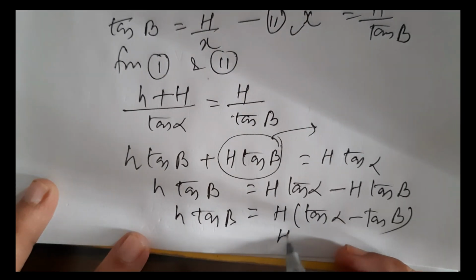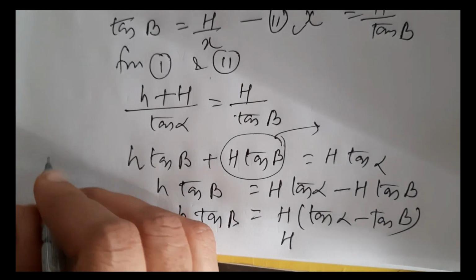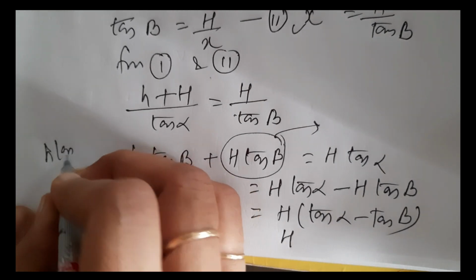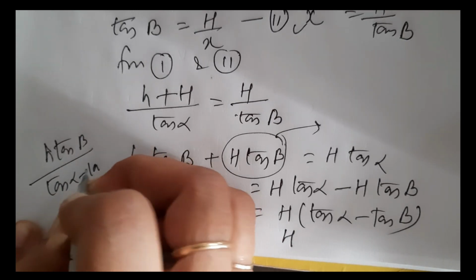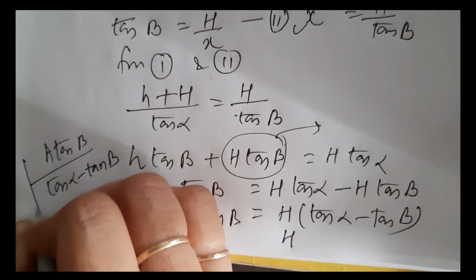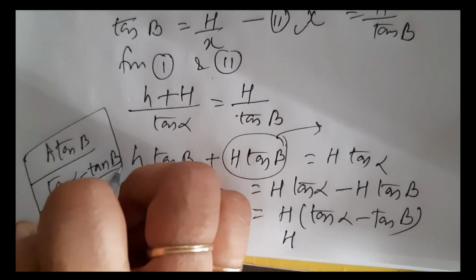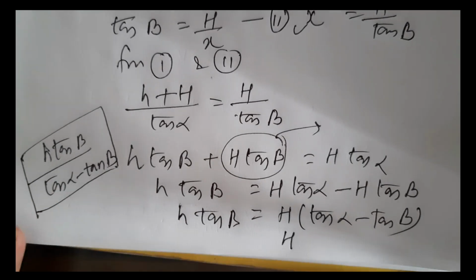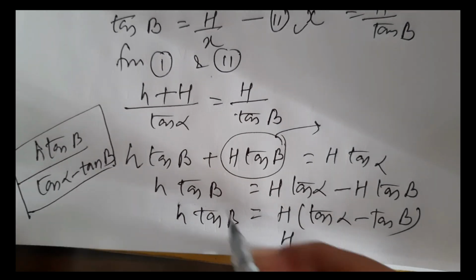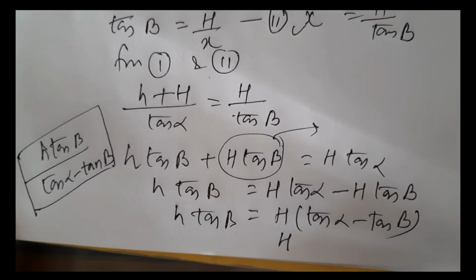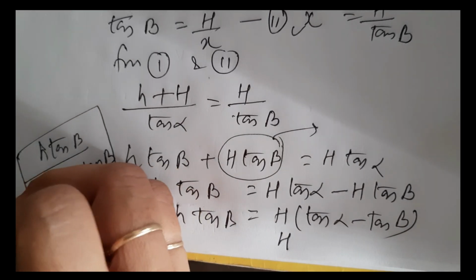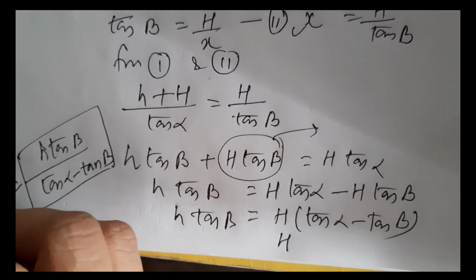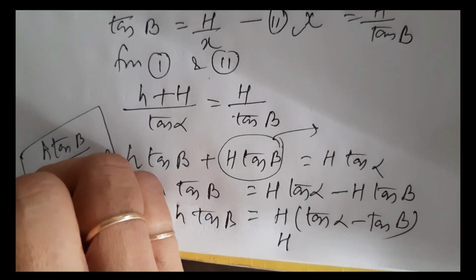If you want to find out capital H, this will be h tan beta upon tan alpha minus tan beta. This is nothing but the height of the building, so this only we needed to prove. For such kind of questions, we need to find the solution in the same way as you do for the regular questions, so don't panic. These are simple questions which you can solve in the same way as the rest of the questions of applications of trigonometry.